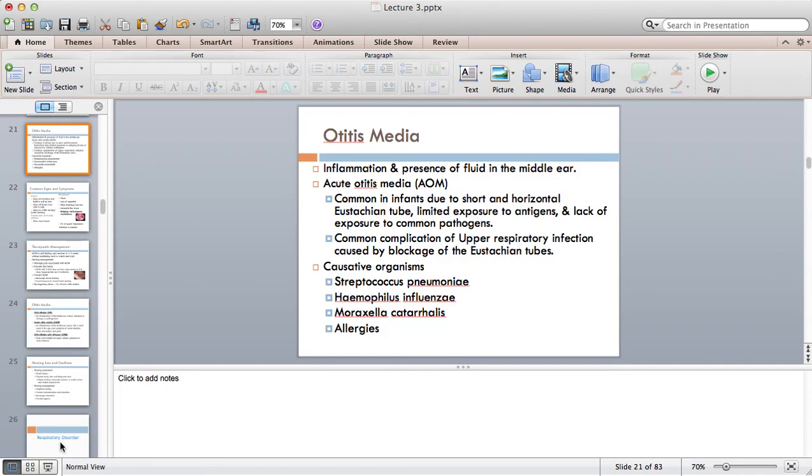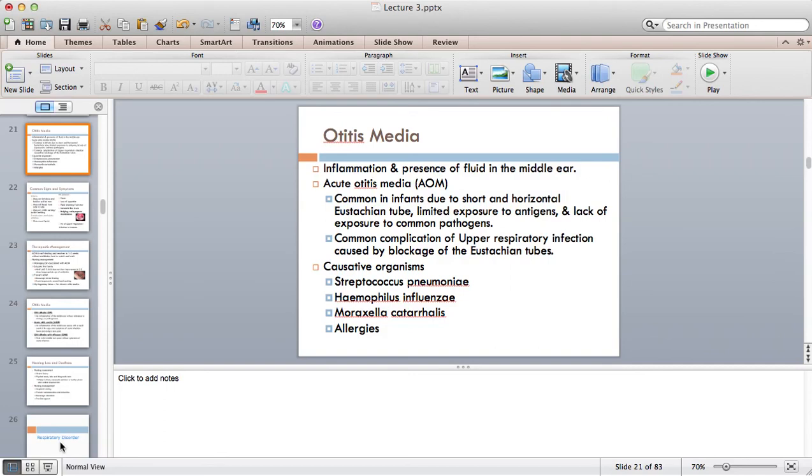Like we said, the ear, in children, the eustachian tube is still horizontal, and that increases their risk for infection. And one of those infections will be otitis media, which is the infection of the middle ear.